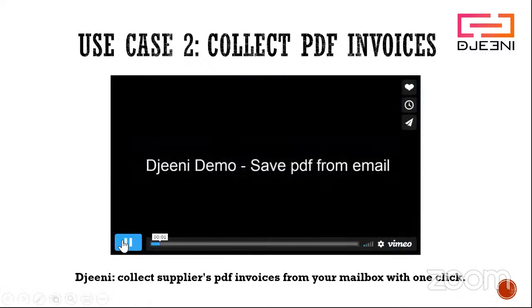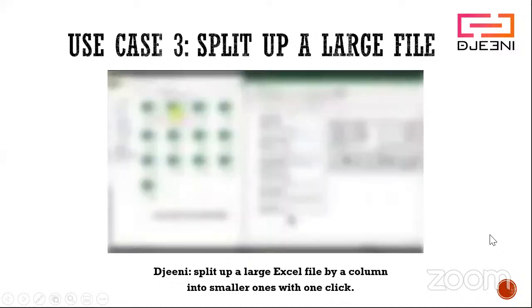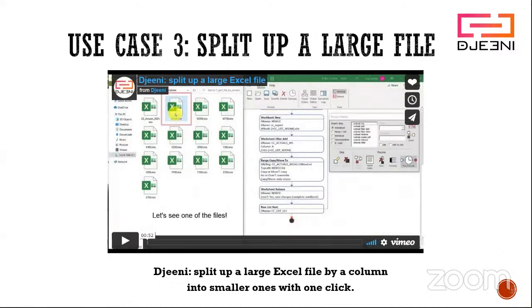And there is the next use case, which is mostly relevant when you've got, for example, a huge file, a big file that you downloaded from a source system, and then you want to split it up because maybe you want to send several files to a couple of managers, because they want to give you input about the budget, what they think is going to be for next year.